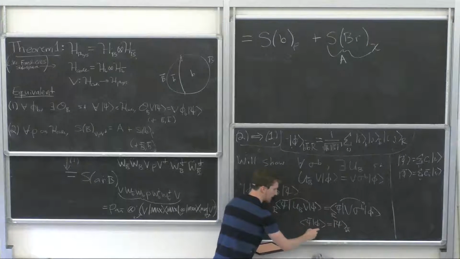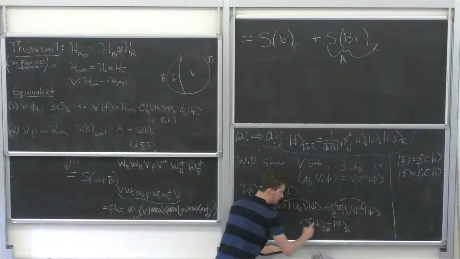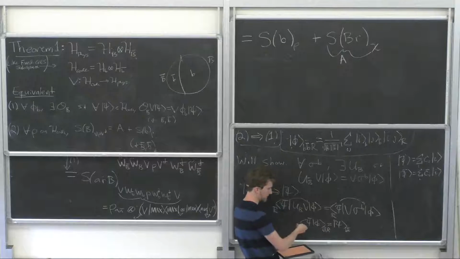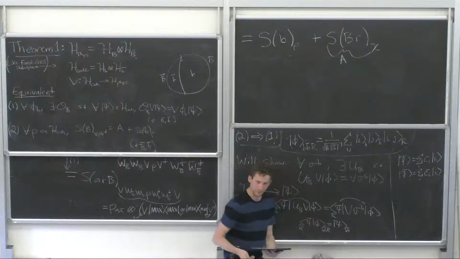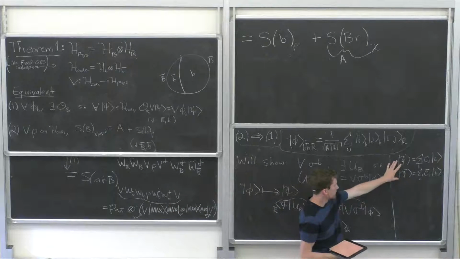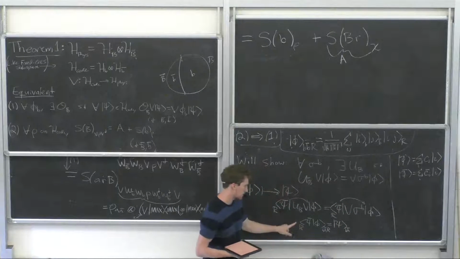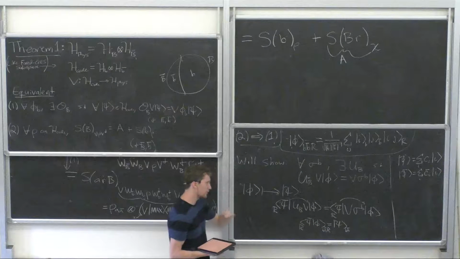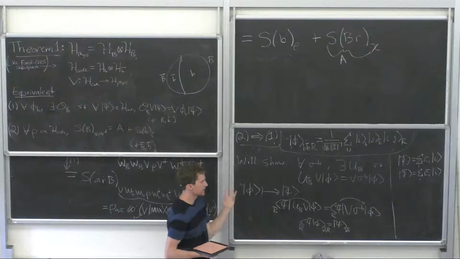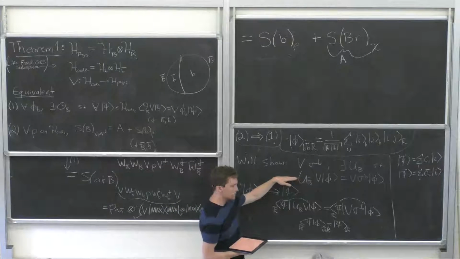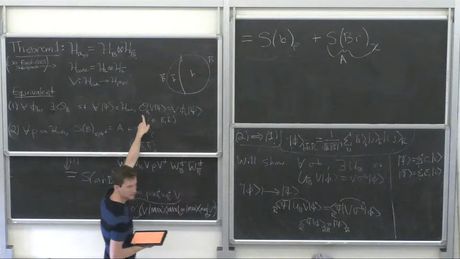Phi is a state on little b bar R, psi bar is a state on R, and I claim that this gives you psi on little b bar. I'm not going to prove it for you, but you can work out as an exercise that this is true. So this is a trick, or just a hack, for showing that it's sufficient to prove this if we want to get this.